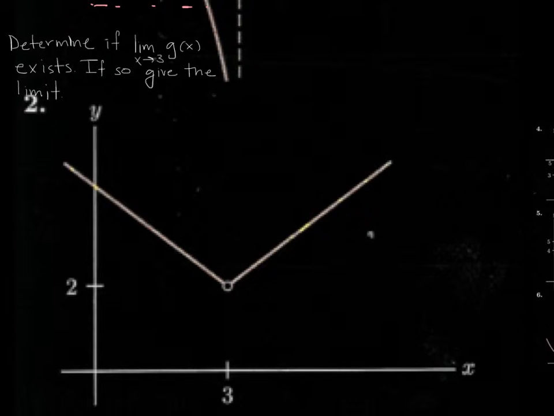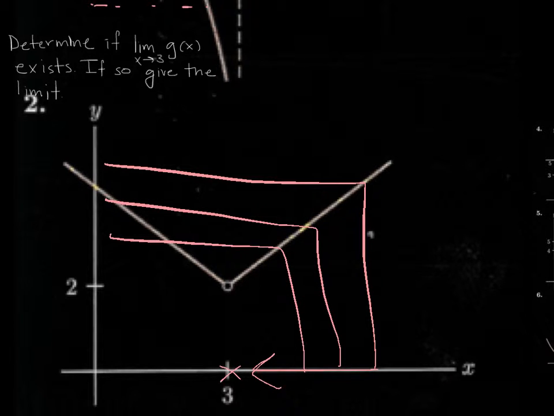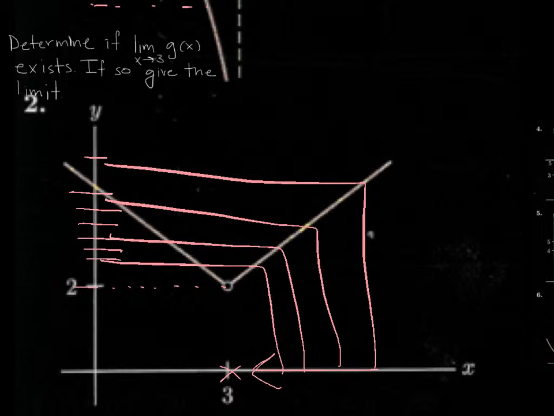Looking at number 2, as we approach the value 3 from the right-hand side, you can see that the output values are getting closer and closer to 2. Notice the output values are shrinking and approaching 2.